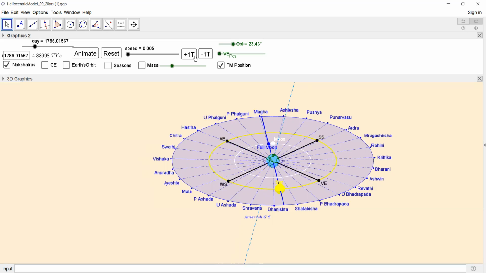It will not synchronize with what you actually see in the sky. Because on this day, if somebody watches the full moon in the sky, it would be near Nakshatra Magha. And by this simple formula, we are still expected to call this lunar month Chaitra.